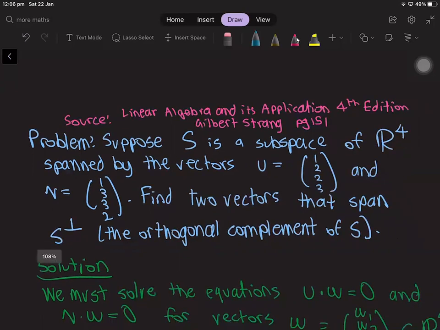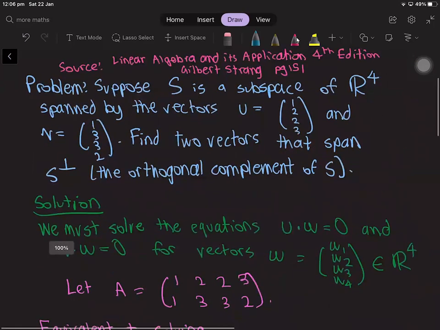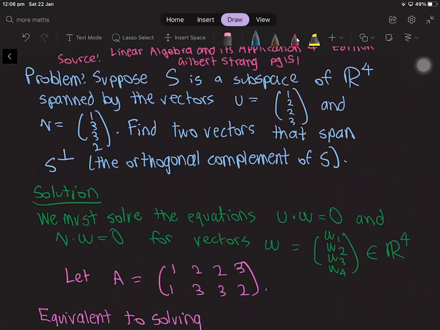We must solve the following equations: u dot product with w equals 0 and v dot product with w equals 0. And we need to solve this for the vectors w in four-dimensional space. So we need to find two linearly independent vectors that span this orthogonal complement.